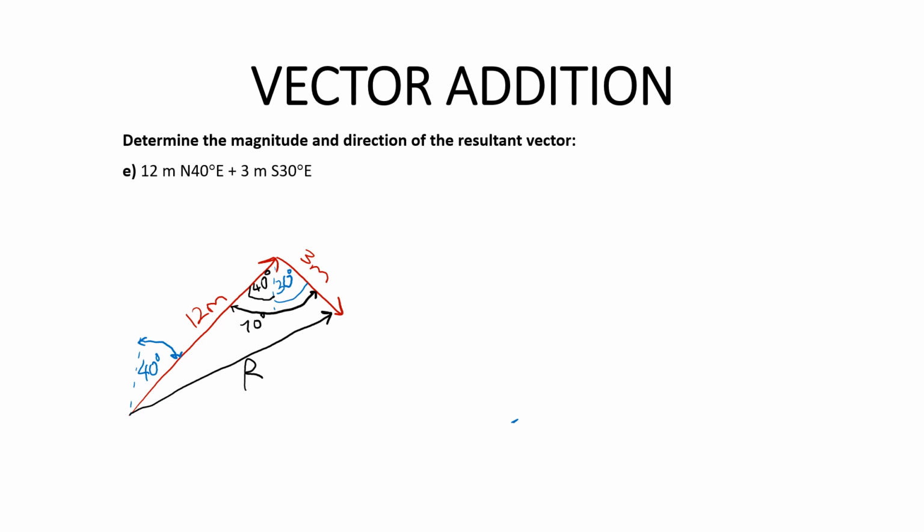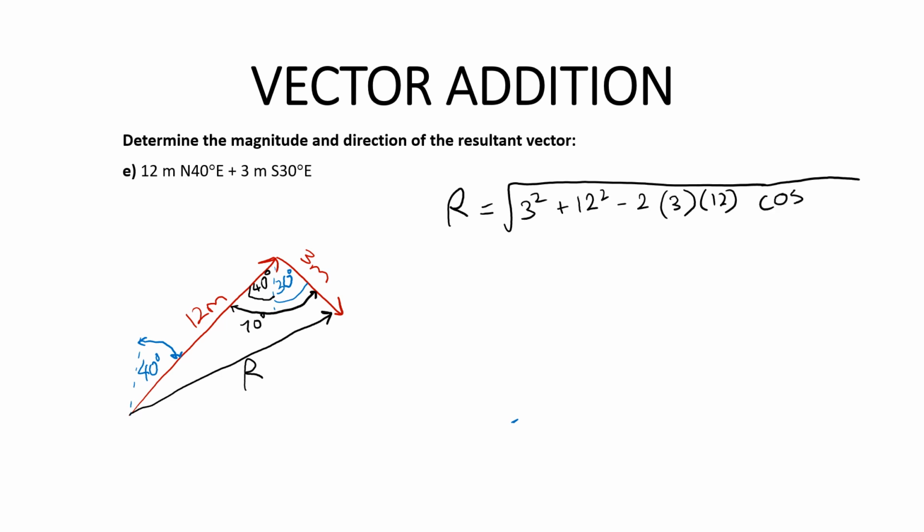So R is equal to the square root of A squared plus B squared, so that's 3 squared plus 12 squared, minus 2 times A is 3, B is 12, times cos theta.